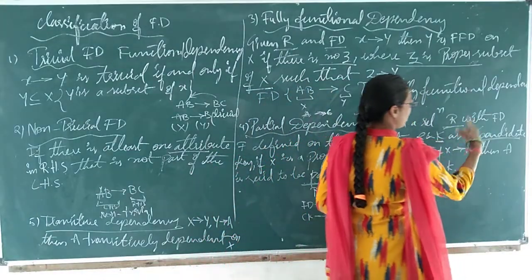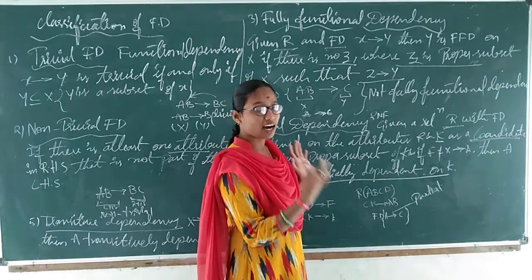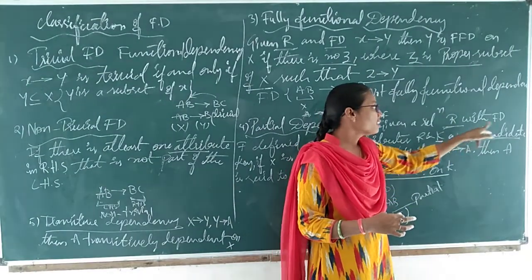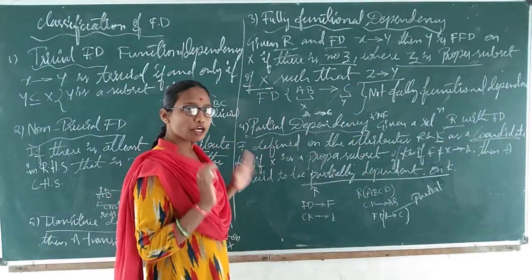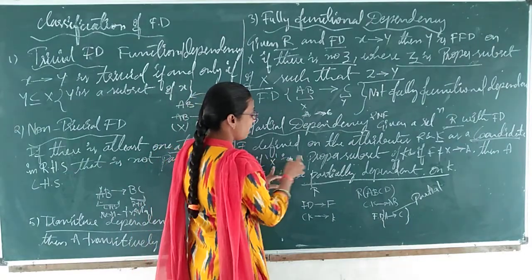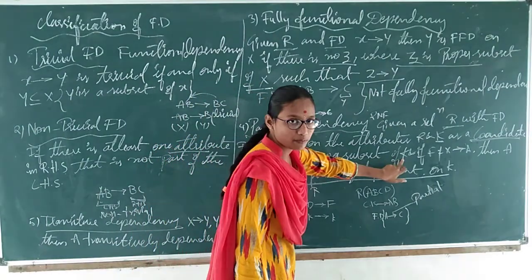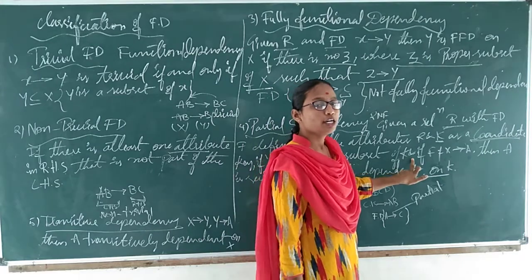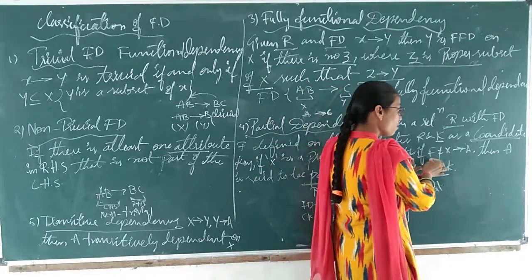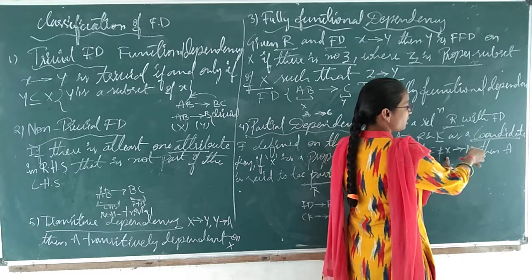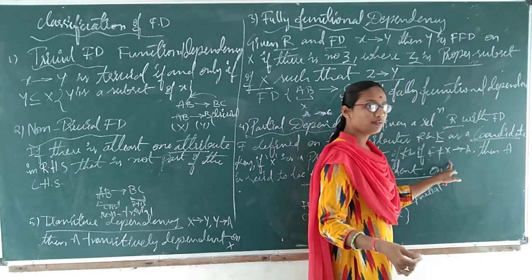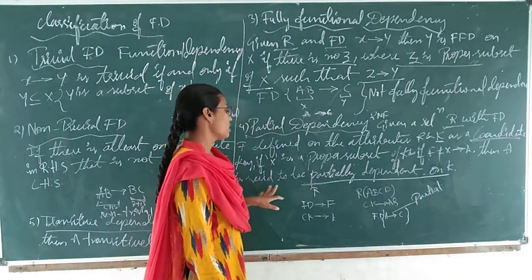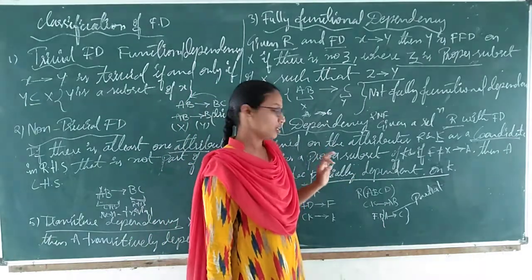If X is a proper subset of K, and if it follows the condition F not equal to X determines A, then A is said to be partially dependent on K.